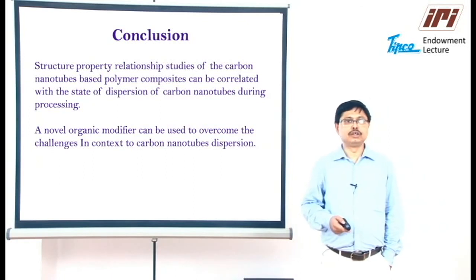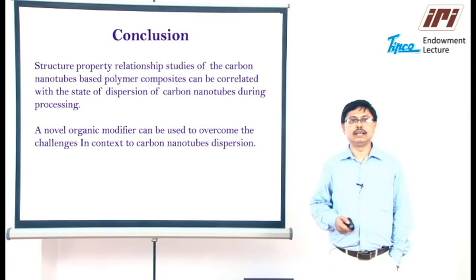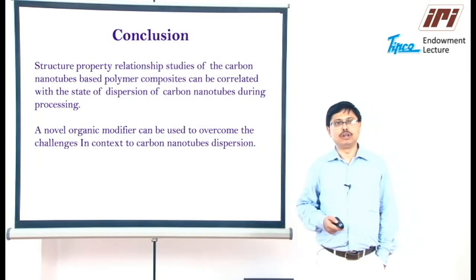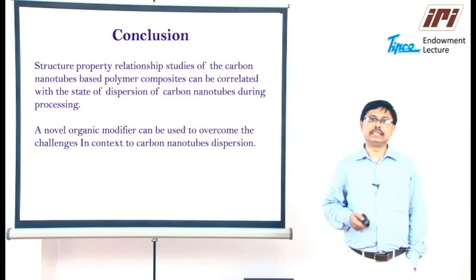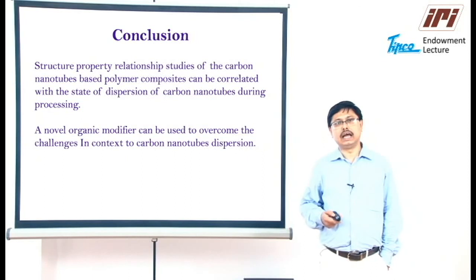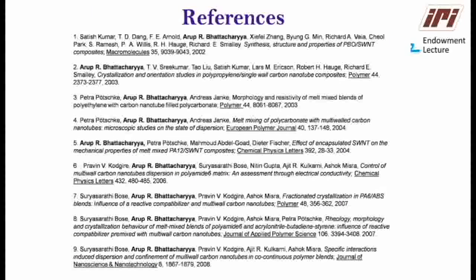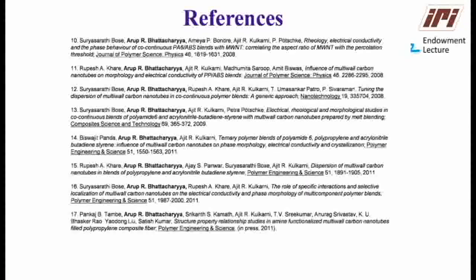Overall, tuning the dispersion and the interface formation in polymer carbon nanotube composites is the key to improving mechanical properties and other properties as well. There are various references from our group and from other research groups. I have given a few publications from our group from recent times.